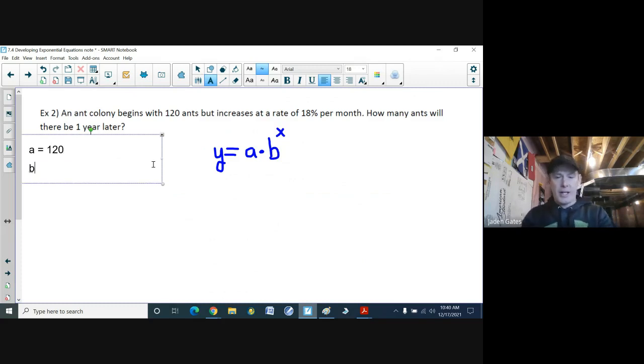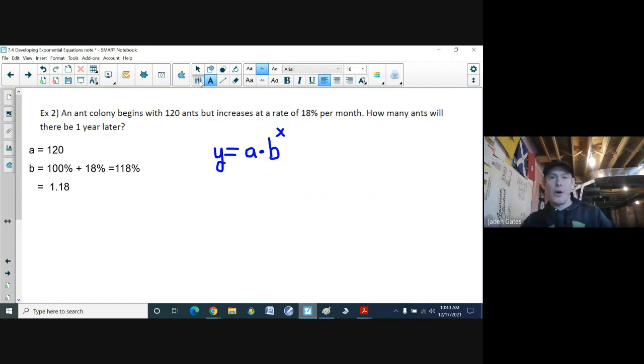Now, b: we're going to have 100% of those ants, and then a month later, we're going to have an extra 18% of those, and that's going to happen every month. Our rate is per month, so each month it's going to change by 118%. But I cannot use percent in calculations, so I convert that to a decimal by dividing by 100%, and I end up with 1.18.